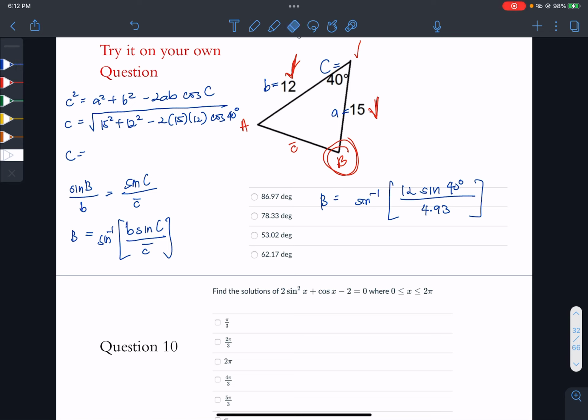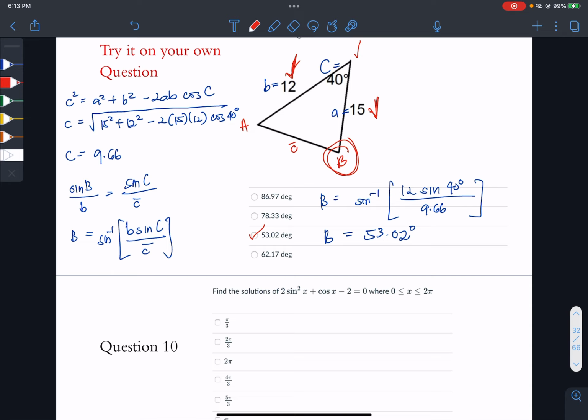It's not 4.93, it's 9.66. So kaya 12 sine 40 over 9.66. Then shift sine of answer. And 53.02. And this is 53.02.